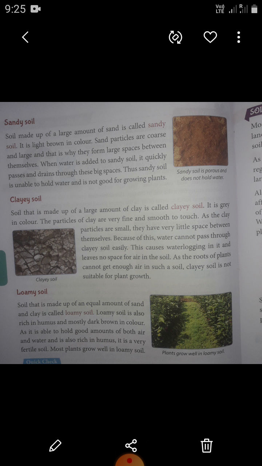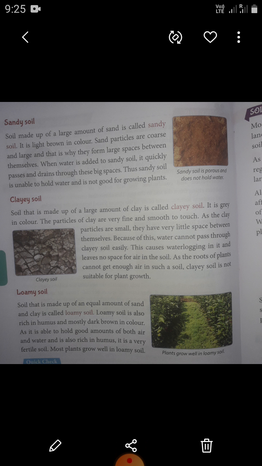Clay soil is mainly composed of the smallest particles of soil. Wet clay soil is very sticky. So, clay soil is not suitable for plant growth.